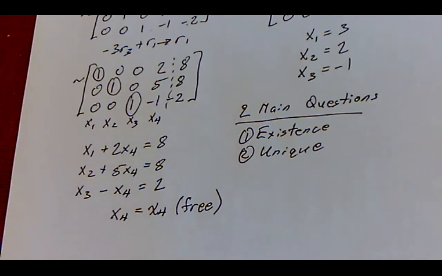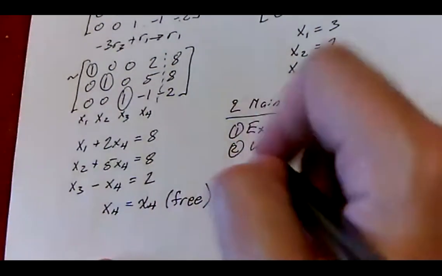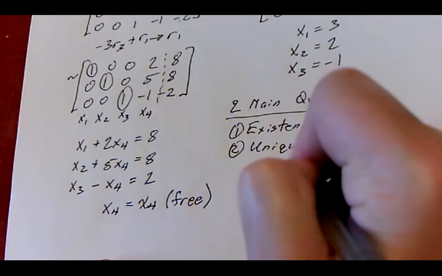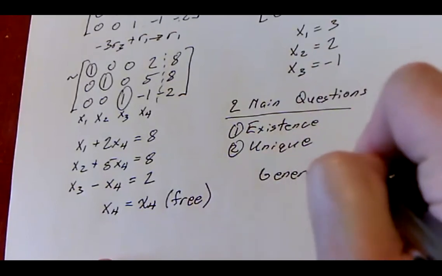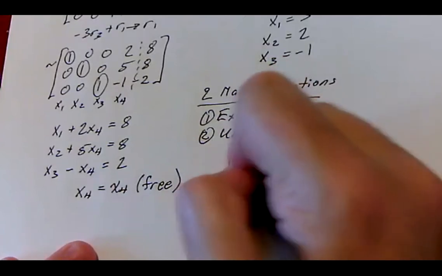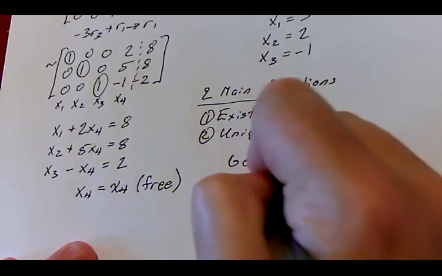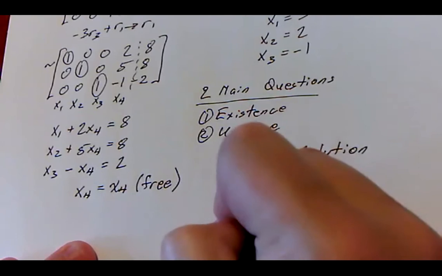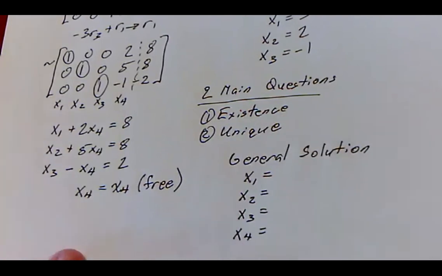Okay, and so we call this type of thing a general solution. Okay, now to write a general solution, you want to have an expression equal to each basic variable. And when I say basic variable, I'm just saying what your variables are. So in this matrix, I have 4 variables, so I should have 4 equations. I should have x1 equals something, x2 equals something, x3 equals something, and x4 equals something.